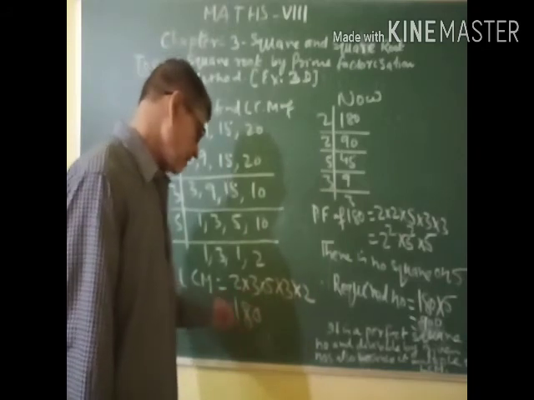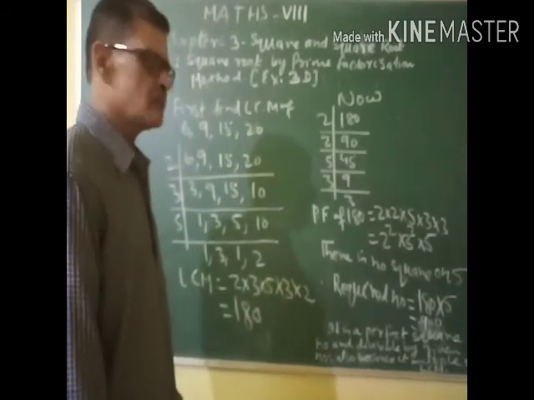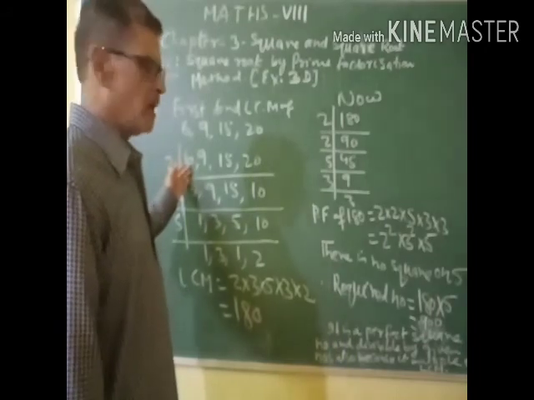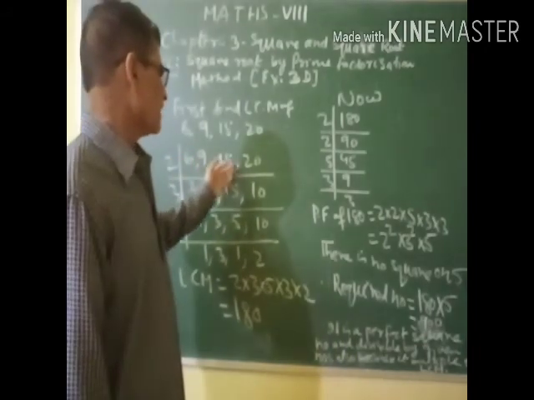Certainly 180 is the least number which is exactly divisible by 6, 9, 15 and 20.